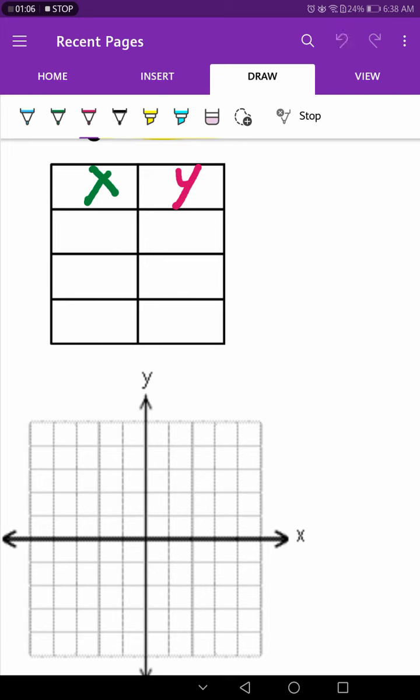So teacher, I can select any numbers? Yes, you can select any number from your head. And I know you will select the easy numbers, like 1, 0, 2, the small numbers.